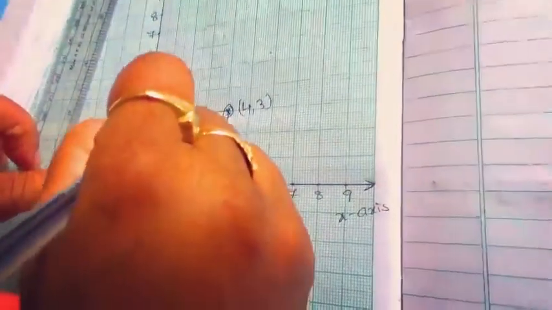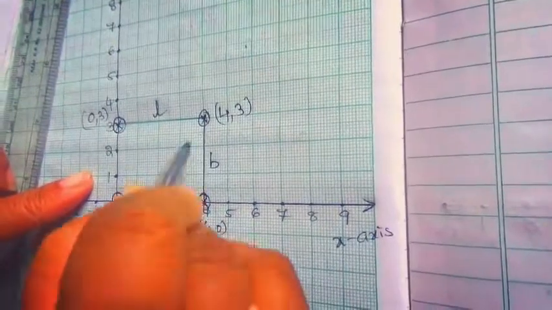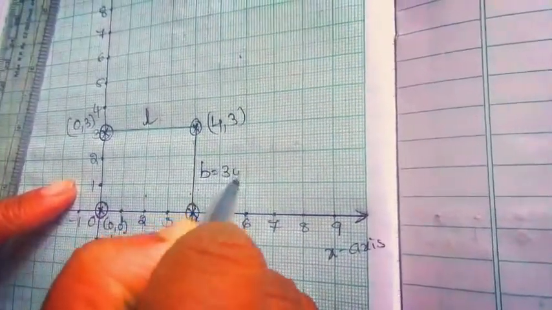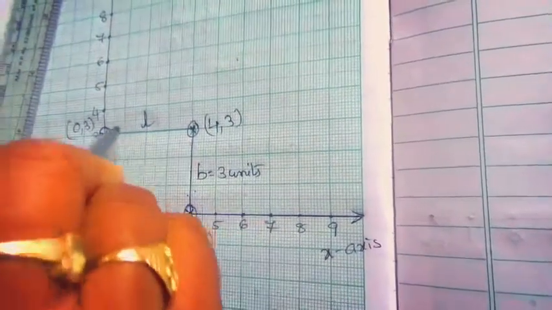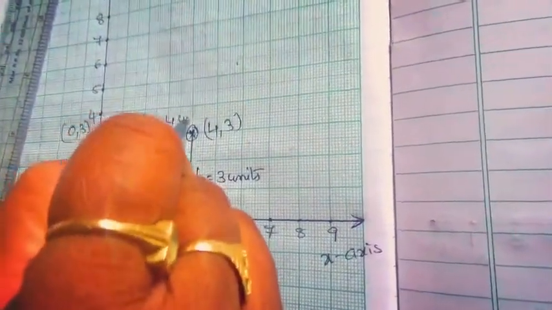So here it is the length L, here it is the breadth B. How many parts are there? Numbers 1, 2, 3. B is equal to 3 units. Here the length is 1, 2, 3, 4. Here L is 4 units.